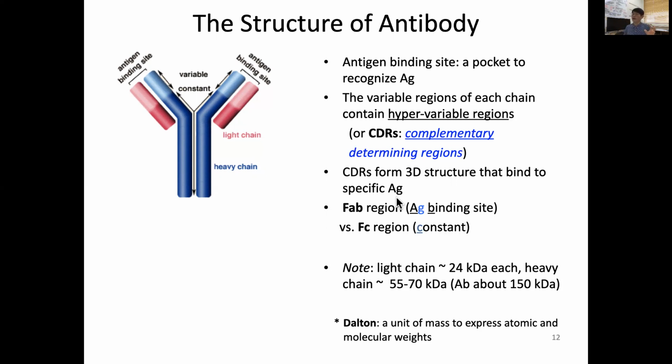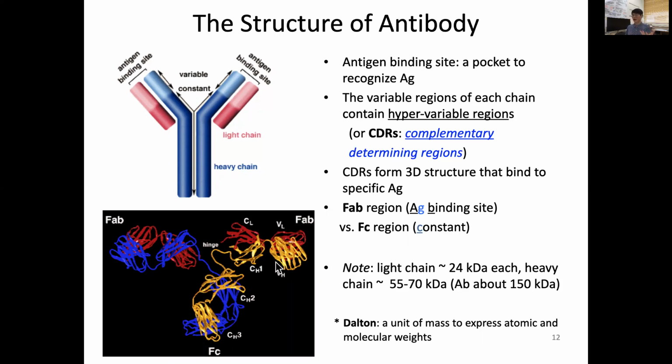Okay, so this Y shape is just a conceptual way, but the reality looks a little more complicated. You can see the tips of this region, these 2 parts, and then the body part. To study this, we have to chop it so we can see it as fragments. We use F to stand for fragment. So there are 2 fragments.